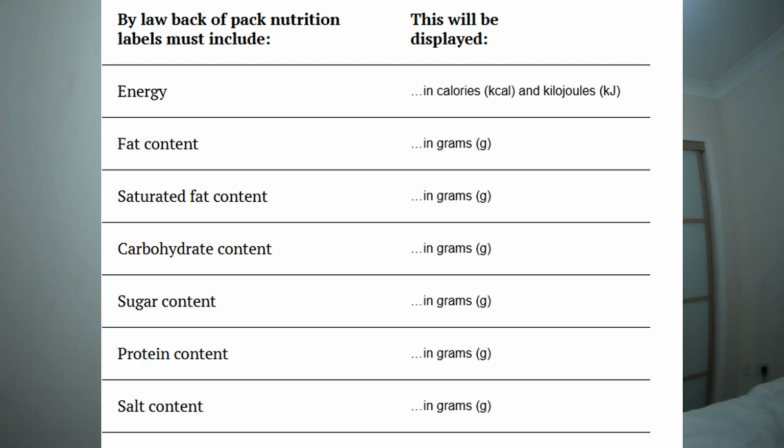Similarly, when you subtract the amount of sugar from the amount of carbohydrates in grams, for example, if a product has 100 grams of carbohydrates and 25 grams of sugar, the remaining 75 grams of carbohydrates can be any of the 3 complex carbohydrates, which remember is starch, glycogen, or fiber.